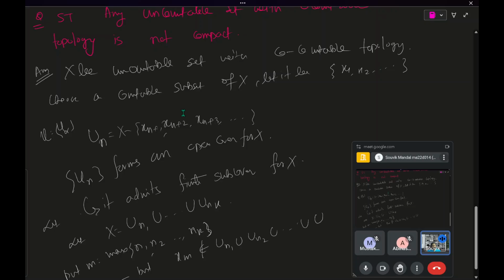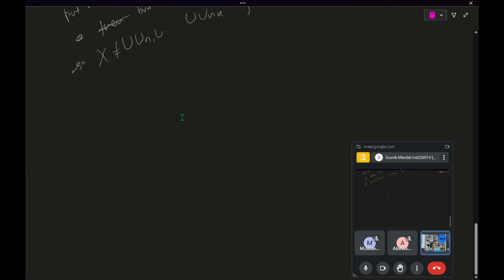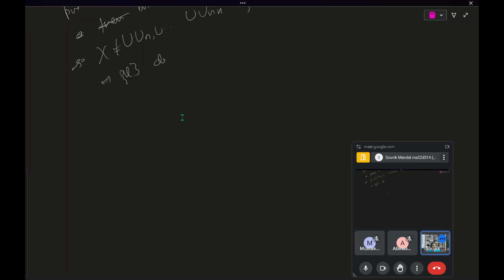So of course X cannot be equal to the union of Un1 through Unk for any such collection n1, ..., nk. So this open cover U does not admit a finite subcover. This tells us X is not compact.